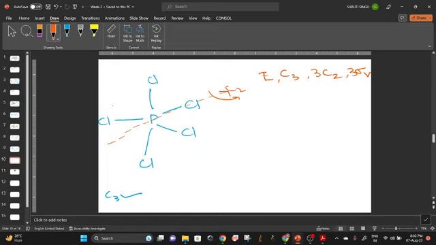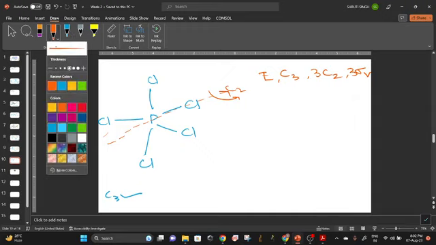Okay, and out of this, is this one sigma V? Ma'am, sigma V or sigma D we will say because it is also bisecting those C2 axes. Yes, sigma D. And the one molecular plane?